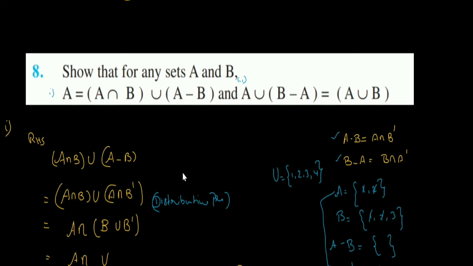Same thing here, the distributive property of intersection over union. So A intersection B union A intersection B dash, the common element is A. A outside, and intersection here and intersection here, and this union will come in between. So when you expand, this is like the normal distributive property of multiplication over addition, A intersection B union A intersection B dash.